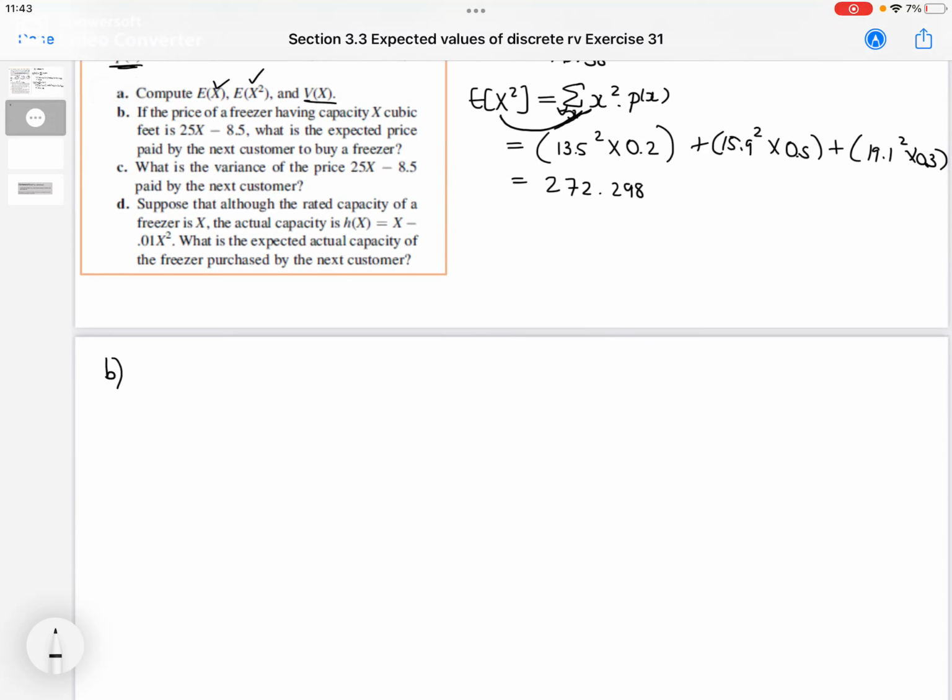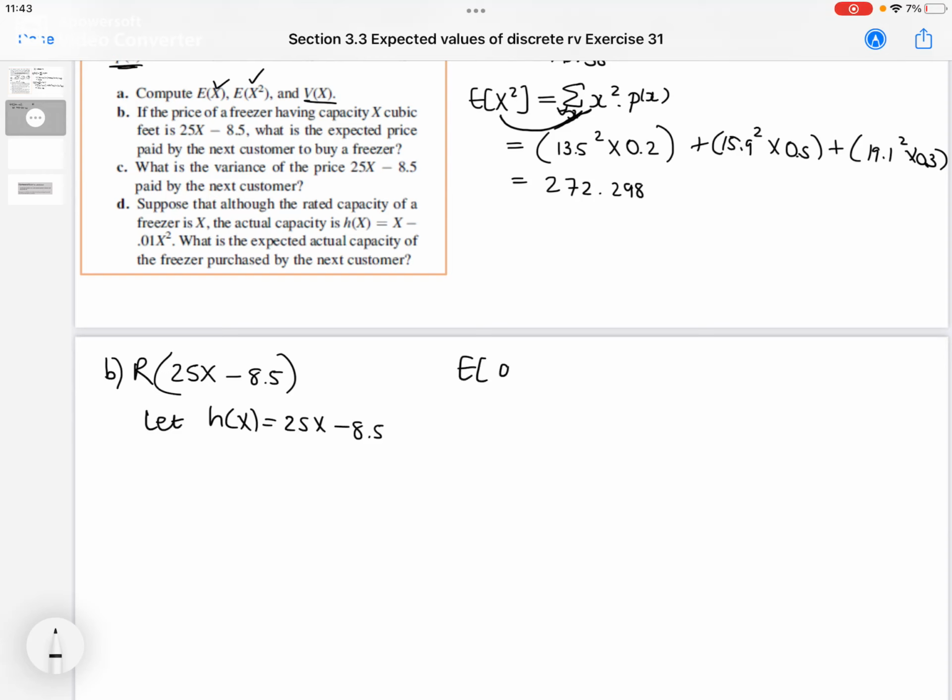Makes sense? Yes. Cool. And then B says, if the price of a freezer having capacity x cubic feet is 25x minus 8.5, let's say rands, that's the price of a freezer, then what is the expected price paid by the next customer to buy a freezer? All right, so I would say let h(x) be equal to 25x minus 8.5.